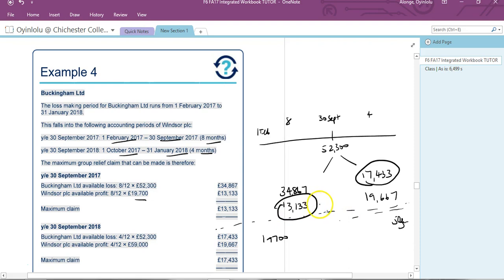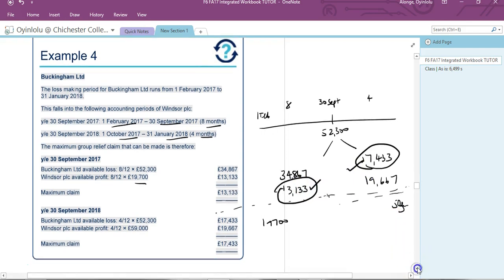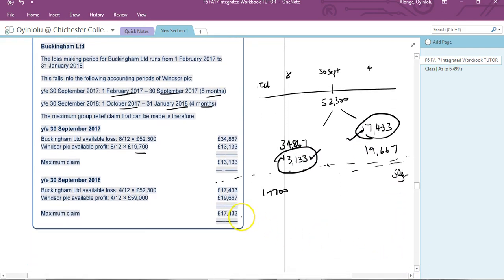The maximum claim will be 13,133 and 17,433. You can see that's the maximum claim here, and that's the maximum claim over here. That's how we deal with this. It's very much about the corresponding periods.